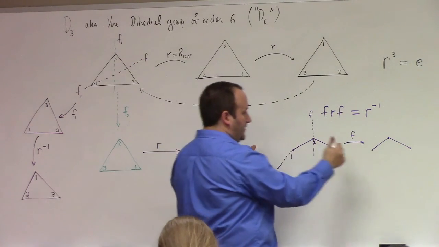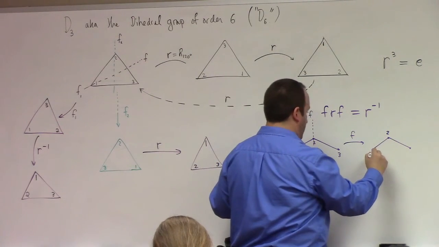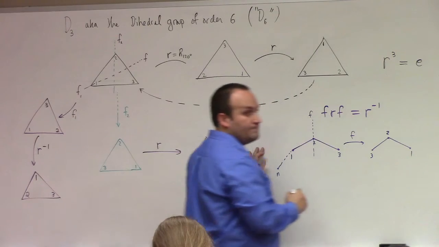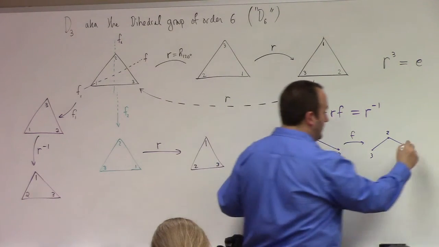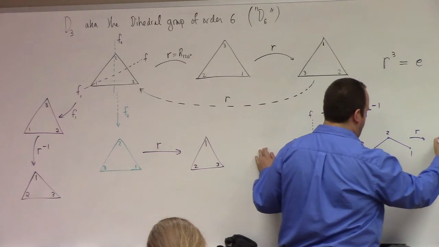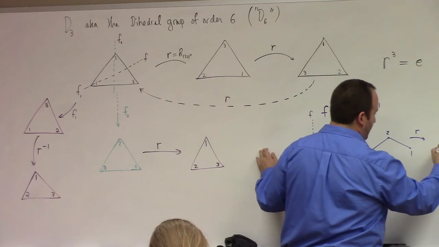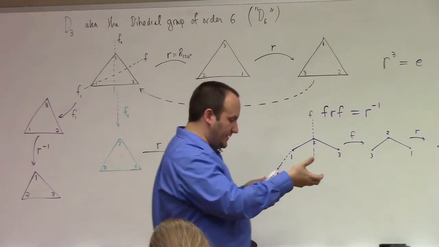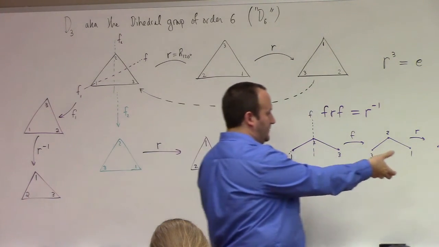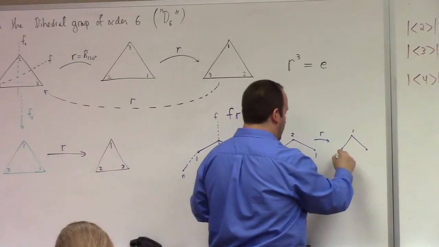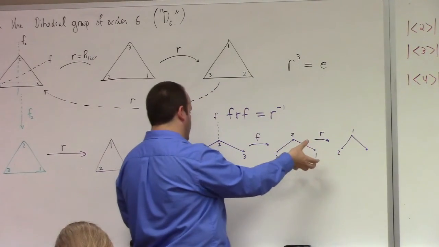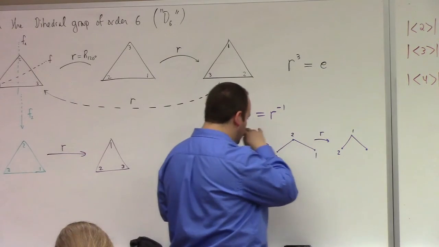So if I do a flip, this is 2, 3, 1, right? If I rotate, what do I get? We're rotating counterclockwise, right? So 1 goes to the top, 2 goes over here, and what's over here now?